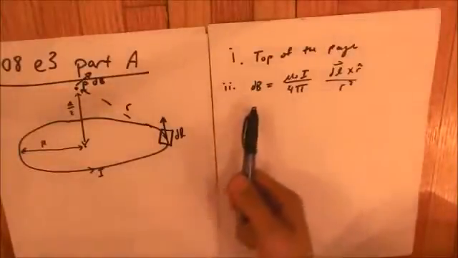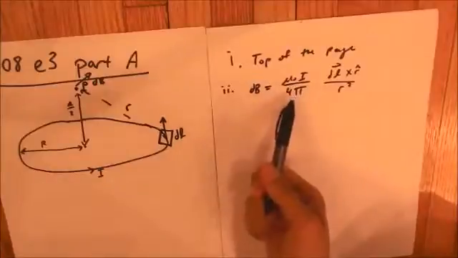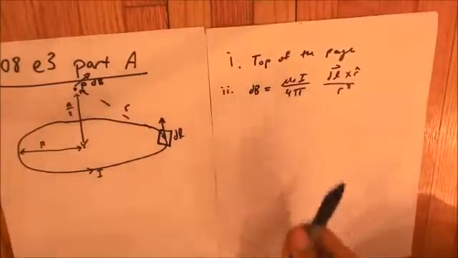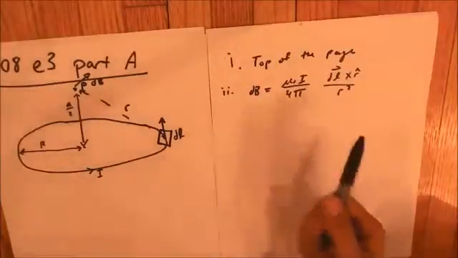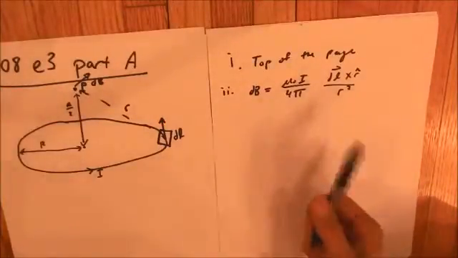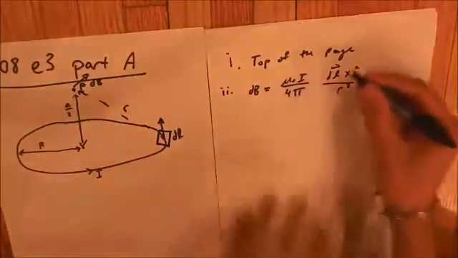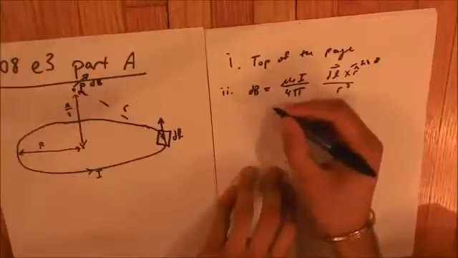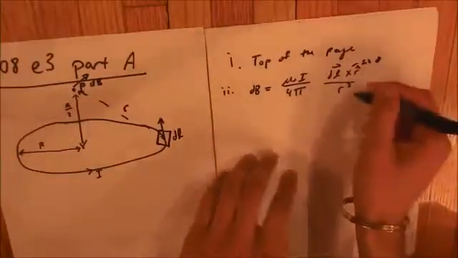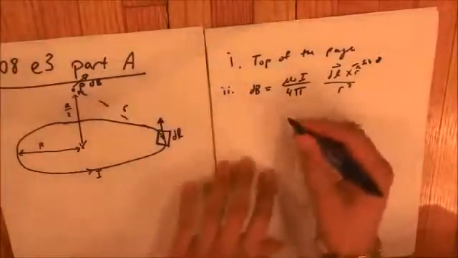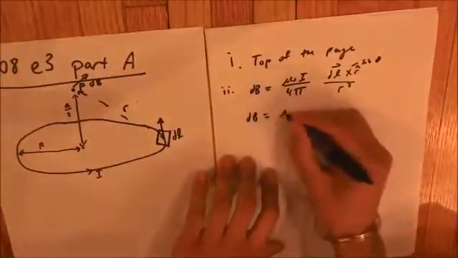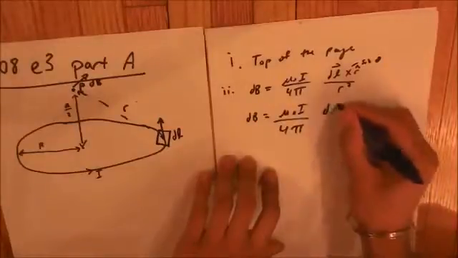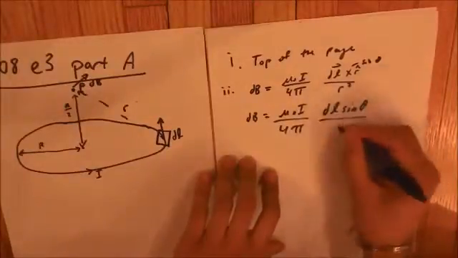So we know that the law of Biot-Savart says that dB is equal to mu naught I over 4 pi times dl cross r hat over r squared. The magnitude of r hat is 1, and the cross product means that there will be a sine theta, where theta is the angle between r and dl. So this is going to turn into dB equals mu naught I over 4 pi times dl sine theta over r squared.